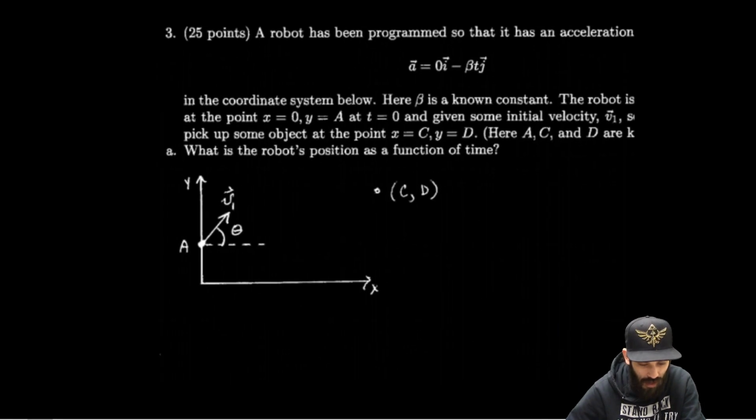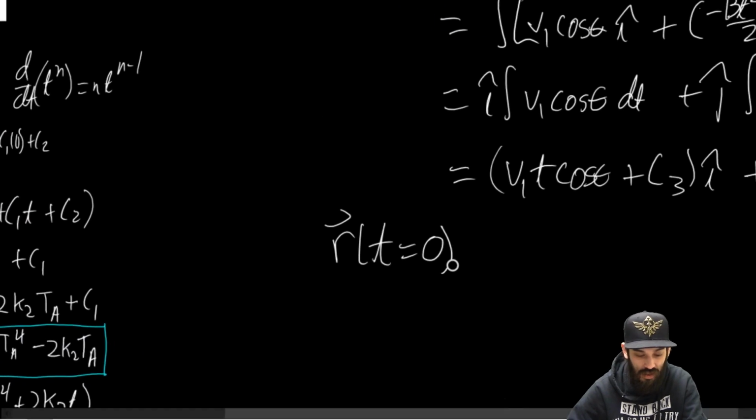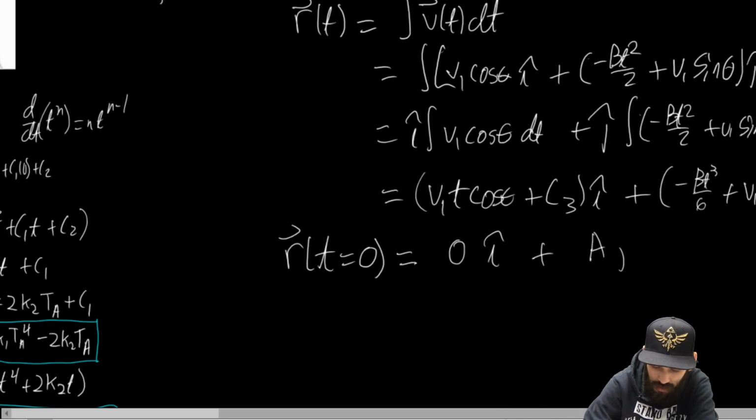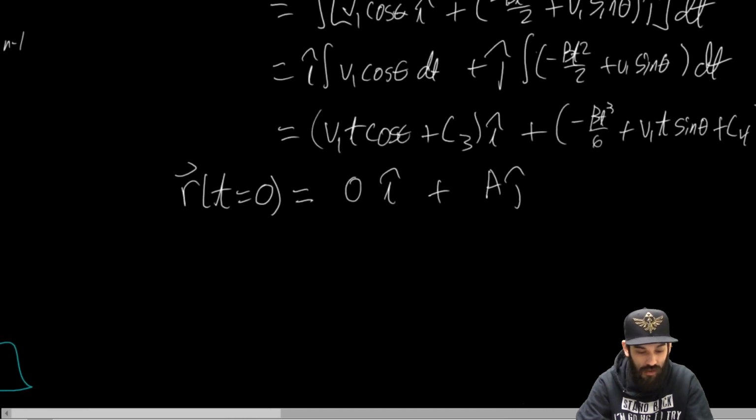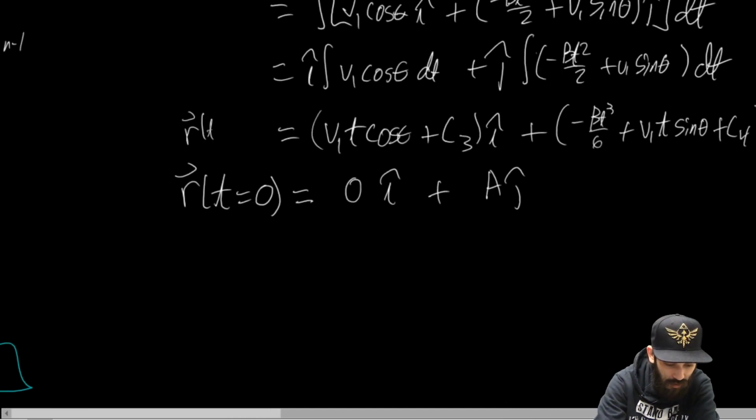So that says that when I evaluate this function, r of t equal to 0, this is going to be equal to 0 i hat plus a times j hat. So let's evaluate the function that we have in the line above. So r vector of t is equal to this, and then we use these conditions to solve for c3 and c4.